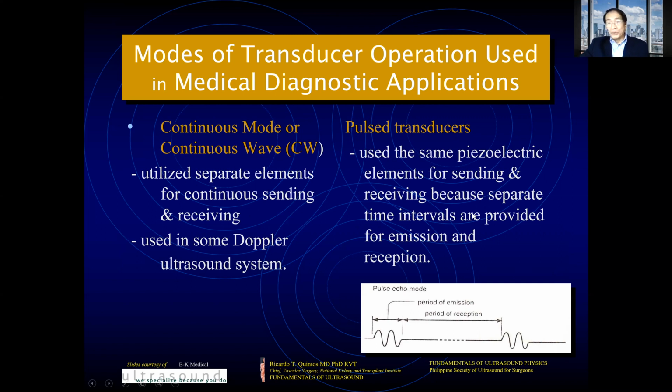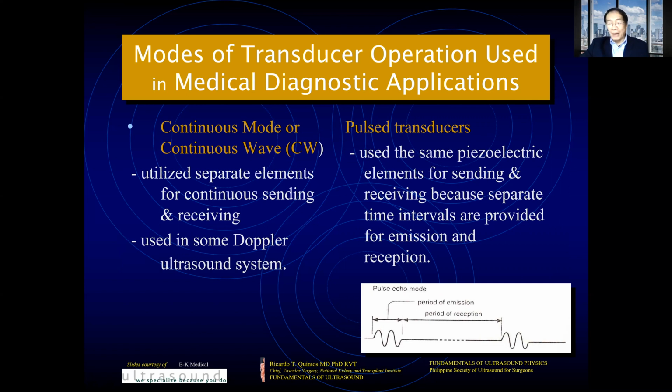For pulse transducers, the same element crystal is the one used for sending and receiving the sound energy. So what will happen is that the crystals will vibrate for a certain period of time, and then it will stop and listen for the echoes.